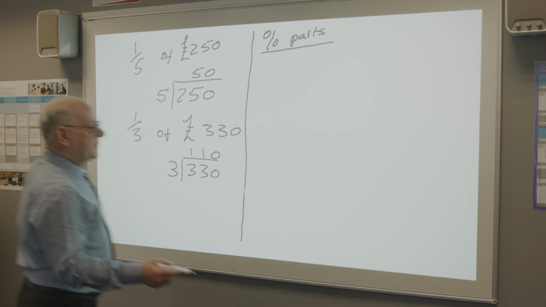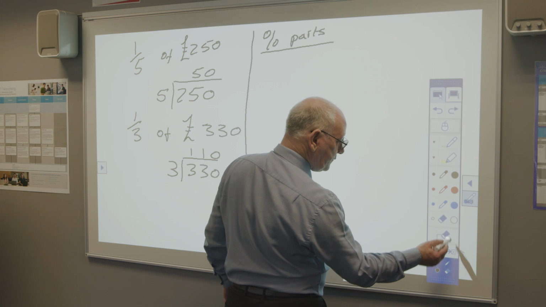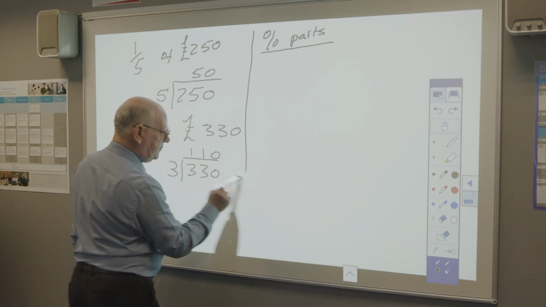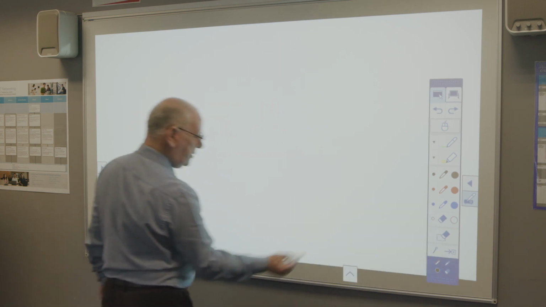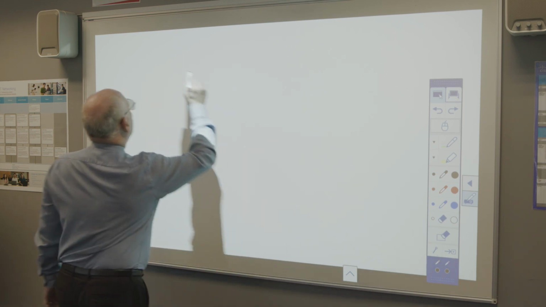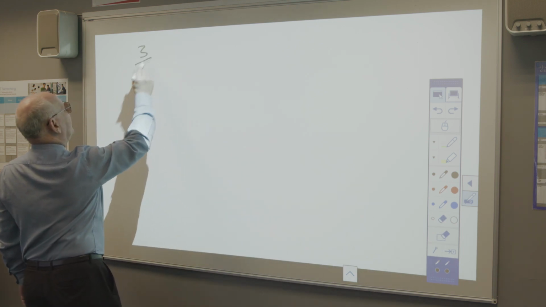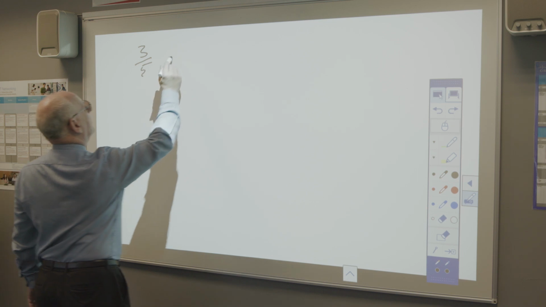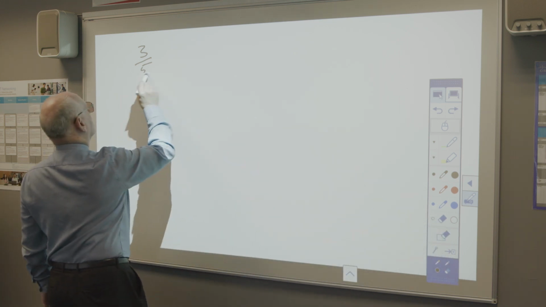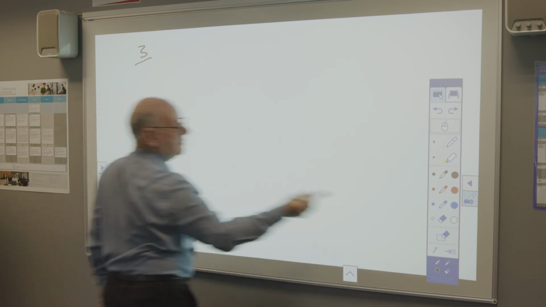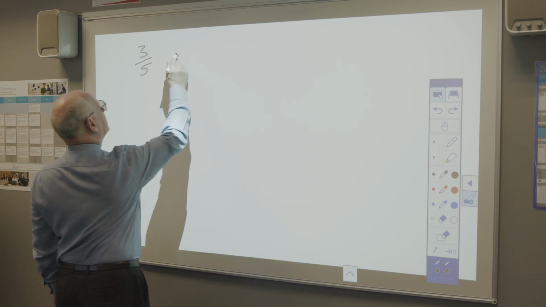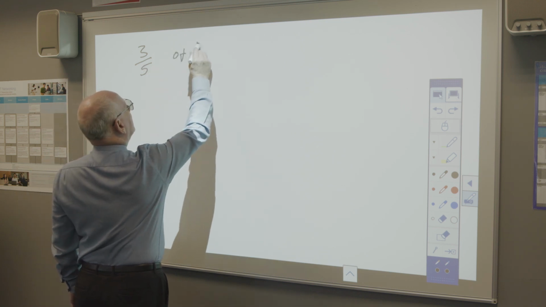So, what about if it's more than that though? Let's get rid of everything on there. What about if you want 3/5 of 300?